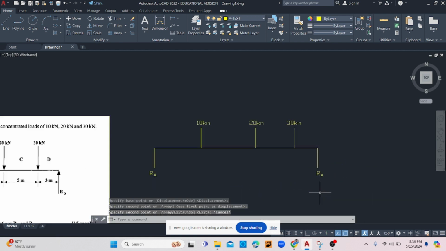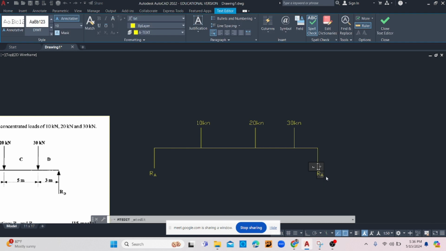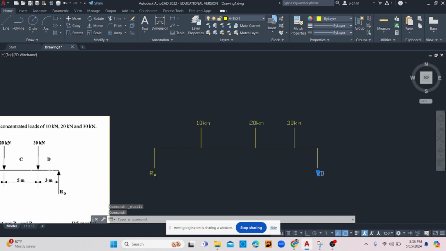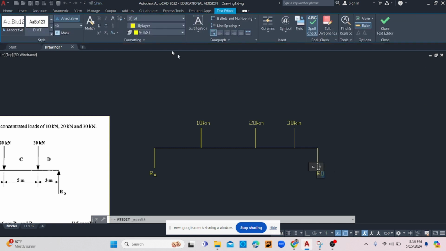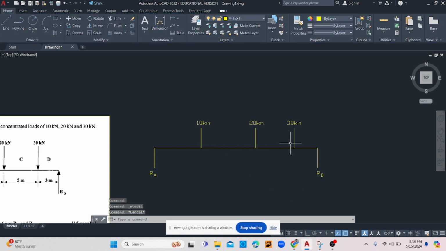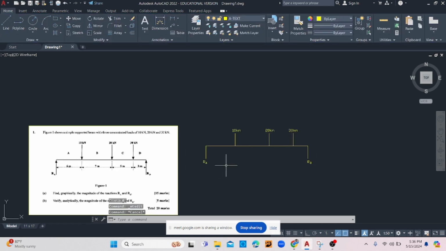Then we have RD over to our right. So it's basically reaction A and reaction D. That's what the R is for, which is just a fancy word for the force that is acting there. Alright, so this is it in a simple form.